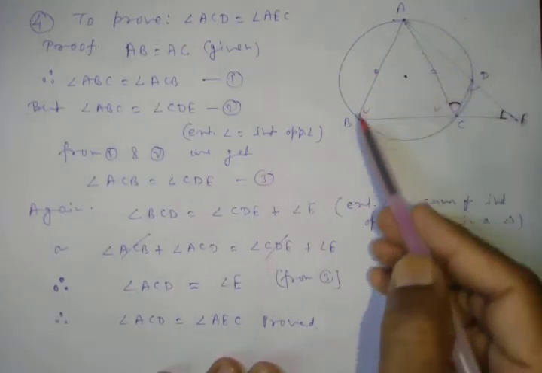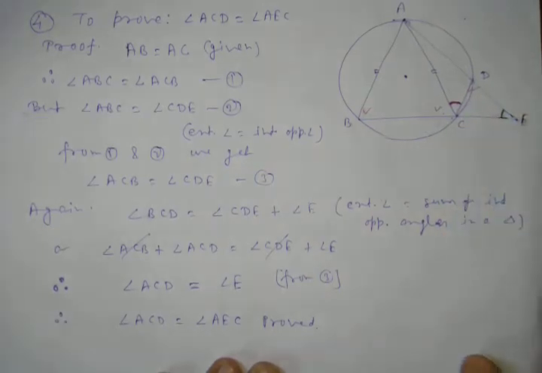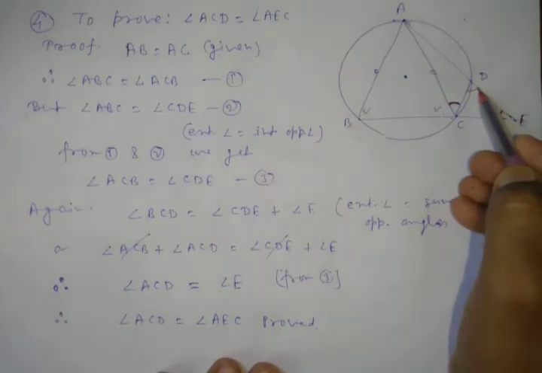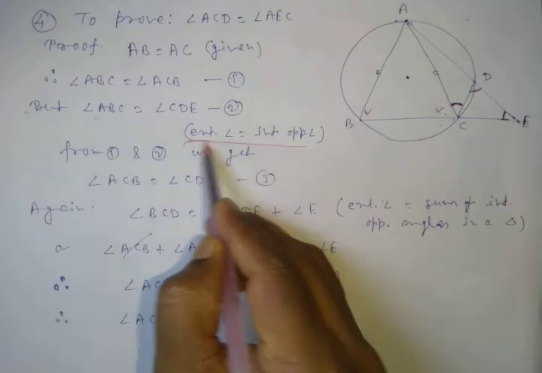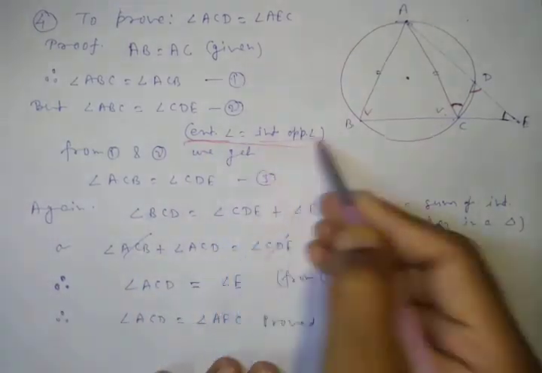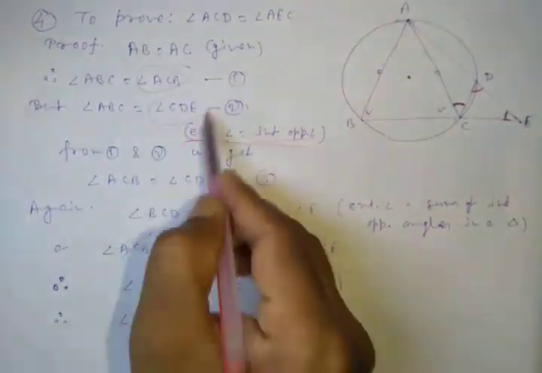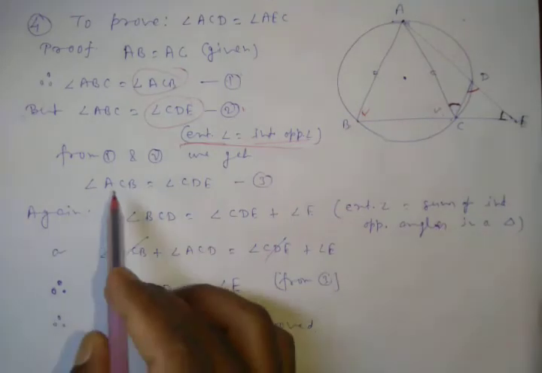Because ABCD is a cyclic quadrilateral, and in a cyclic quadrilateral the exterior angle is equal to the interior opposite angle. So this is equal to this here. So from 1 and 2 we have angle ACB equals angle CDE. So we have got this relation here.